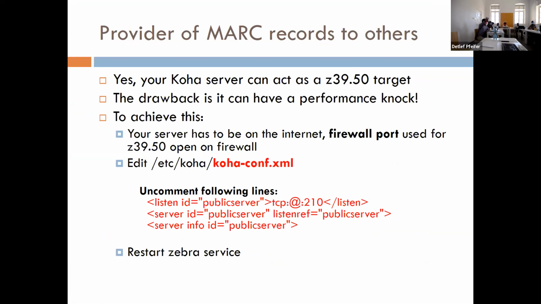If you want to be a Z39 target for other libraries, then you can also configure Koha, the main configuration file, koha-conf.xml. You just need to enable and uncomment those lines for Z39. So Koha supports that your Koha instance is both a client and a server for Z39.